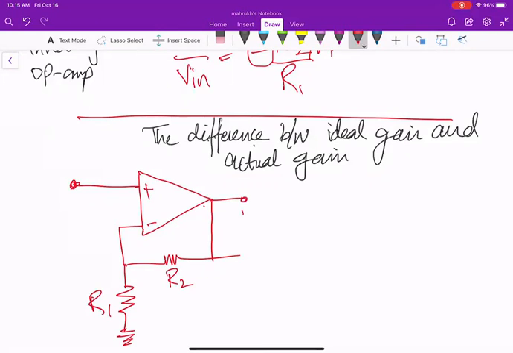This is our V0, and this is our VS. We don't have RS here, but instead of V in, we are saying this is our VS, okay?